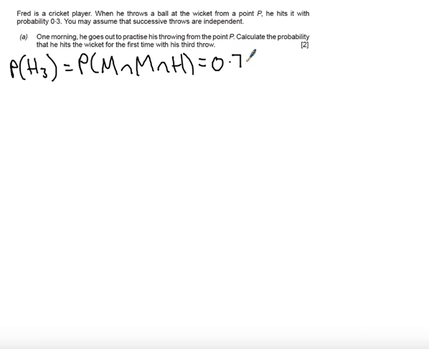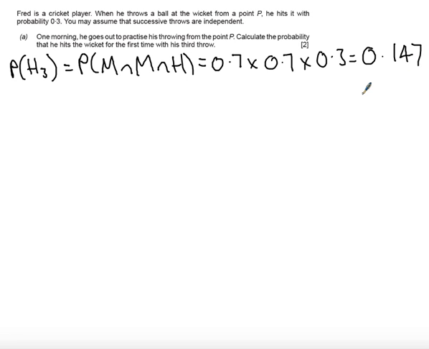So it's 0.7 times the probability of another miss, which is 0.7, times the probability then of a hit, which is 0.3. Now, if we type this into a calculator and work this out in one go, what we should get is an answer of 0.147.